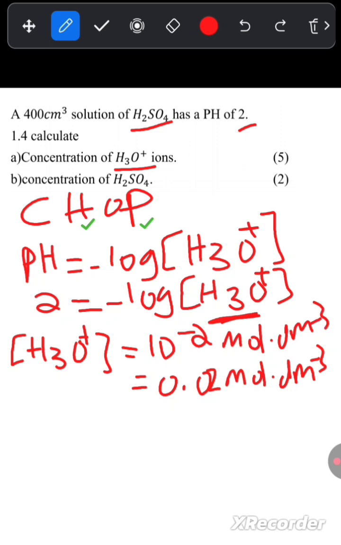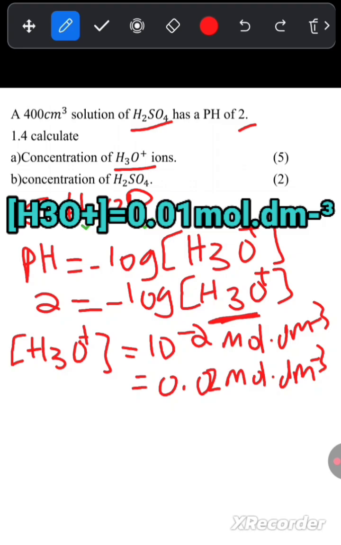Right, now we got the concentration of hydronium ions in this way. Now, what do they want? We now want the concentration of the sulfuric acid itself.